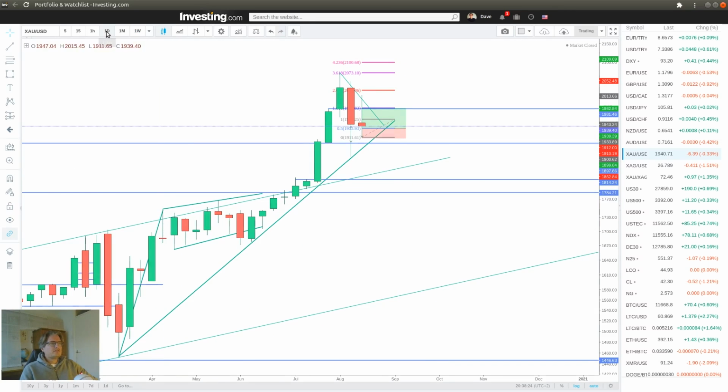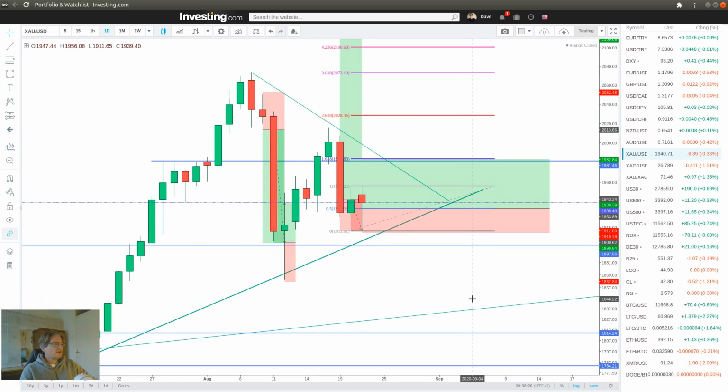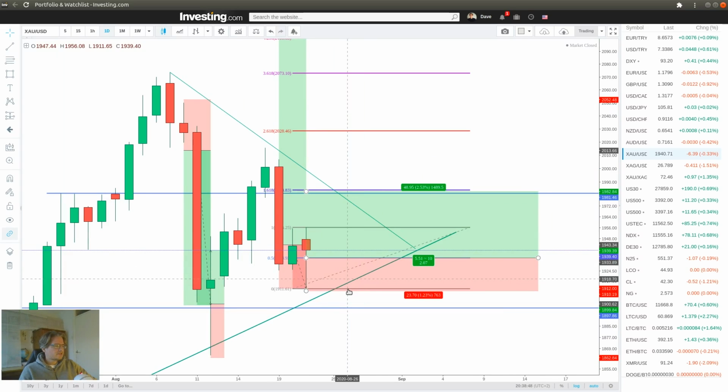Let's see what I have on the short term. When we saw this strong bearish candle, I thought to buy on the dip again, which I did, and then I got stopped out on last Friday's candle by just a few points or a few dollars, and then price reversed again.